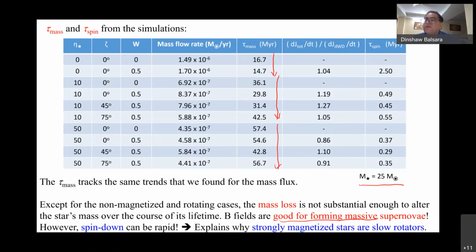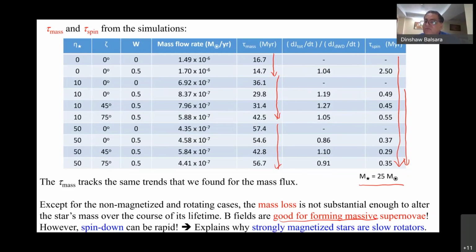Now let's look at the time scale for spin down, and you see that the time scale for spin down, especially for the magnetized cases, is very, very small, less than 1 million years. This is very interesting because it tells you that a magnetized, rapidly rotating massive star might represent a very short-lived phase, after which the star, by virtue of its magnetic field, manages to shed most of its angular momentum.